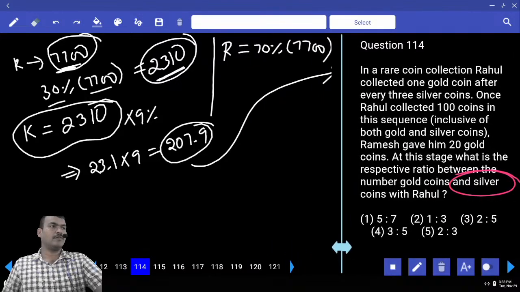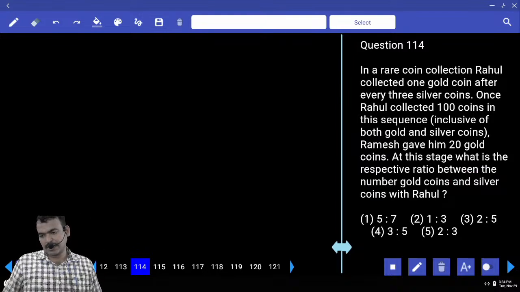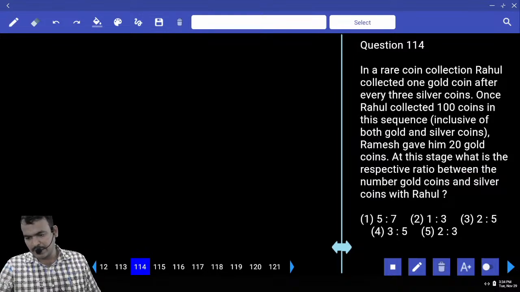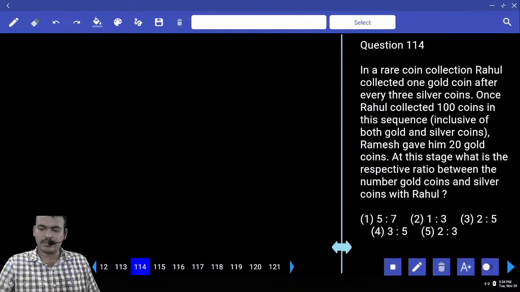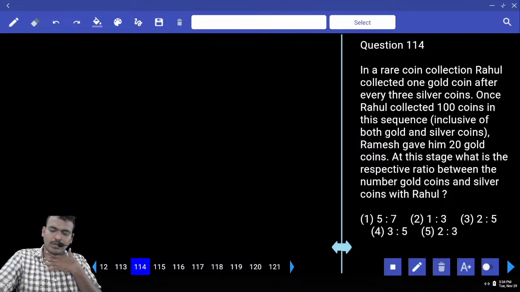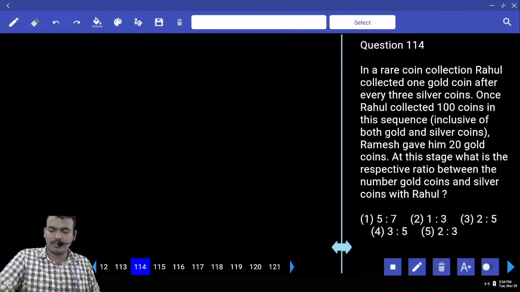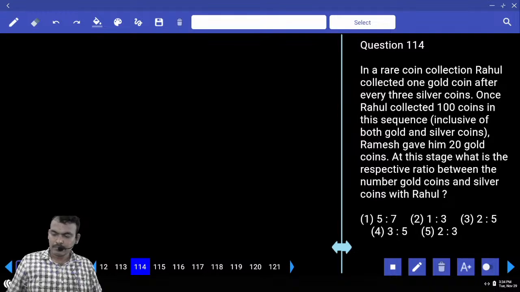Next, question number 114. In a rare collection, Rahul collected 1 gold coin after every 3 silver coins. Once Rahul collected 100 coins in this sequence, inclusive of both gold and silver coins, Ramesh gave him 20 gold coins. At this stage, what is the ratio between the number of gold coins and silver coins with Rahul? Okay.